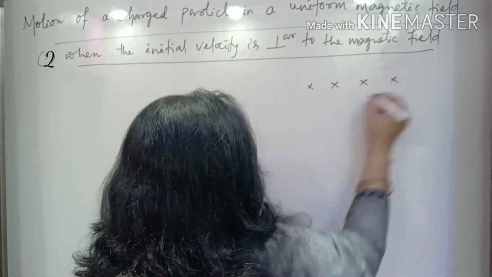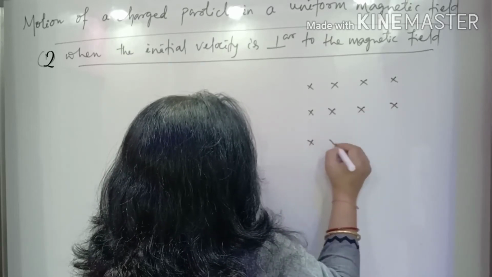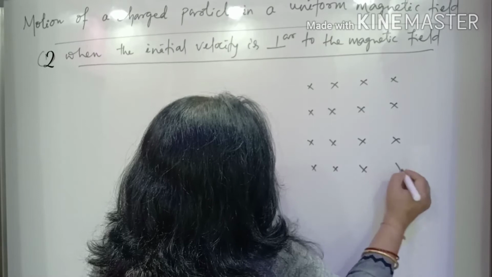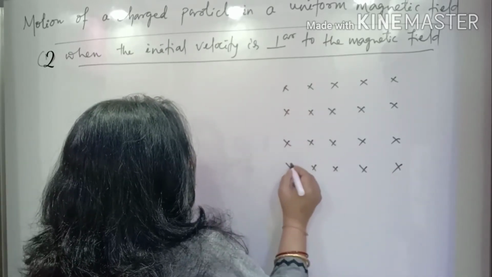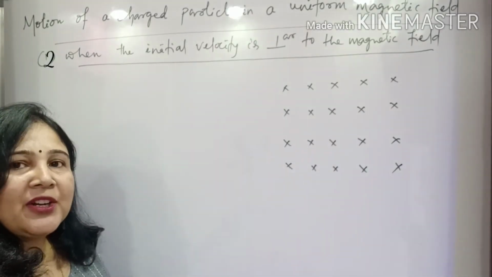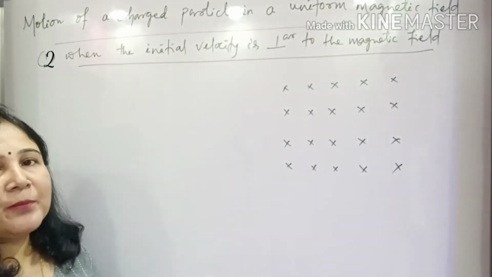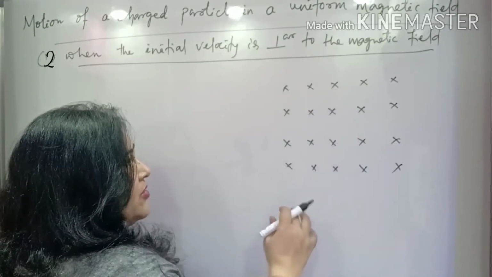Here I have taken a uniform magnetic field. What is this cross indicating? This is indicating that the magnetic field is entering into the plane of paper. So this is the direction of the magnetic field.